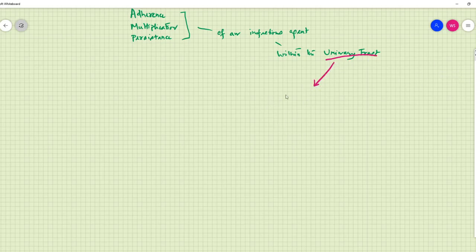Let's try to represent the urinary tract diagrammatically. So we know we have got two kidneys. Let's say that is one kidney, and this is another kidney. So let's call this the right kidney, and this is the left kidney.